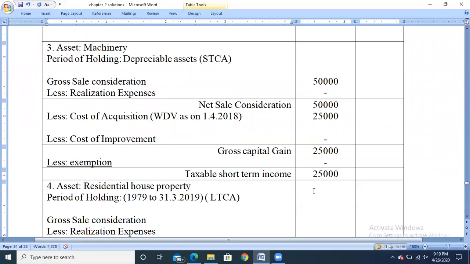Now calculate the capital gain. First take the gross sale consideration, which is rupees 40 lakhs.